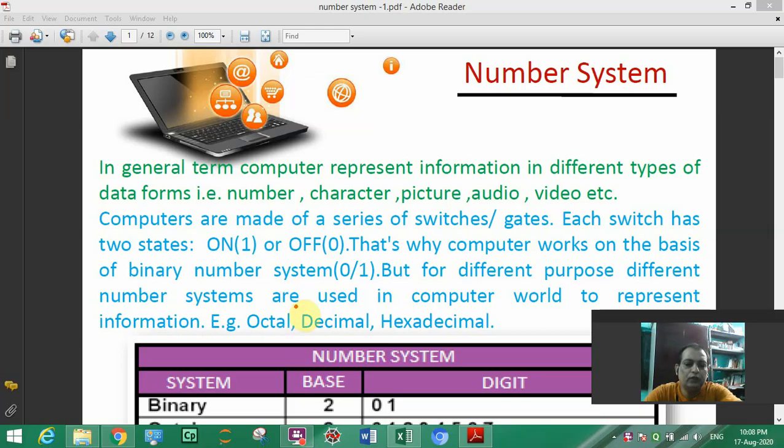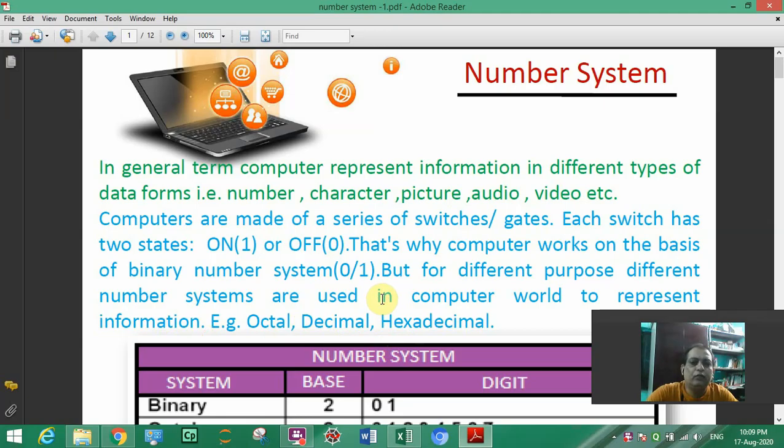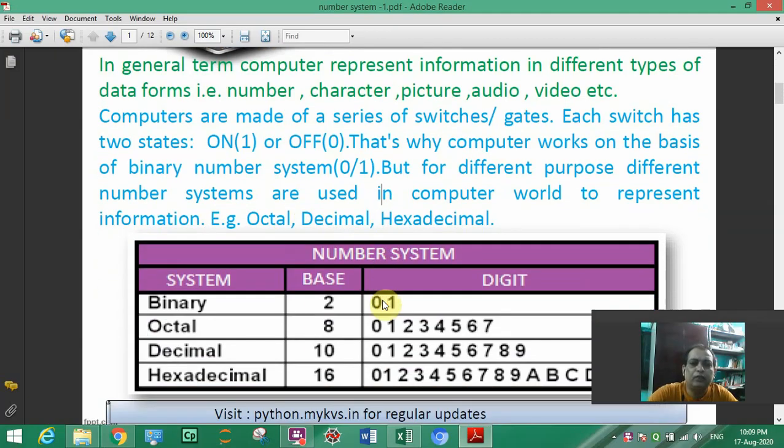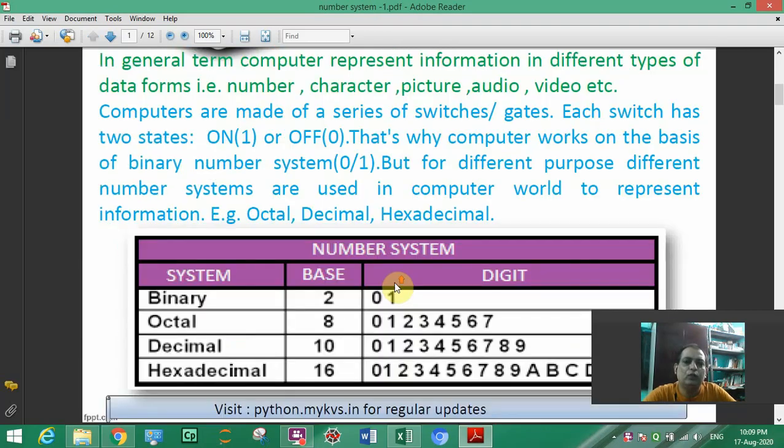We are reading about this decimal number system from nursery classes, from primary classes. So decimal number system has 10 symbols.